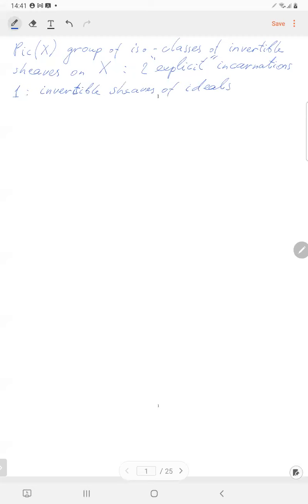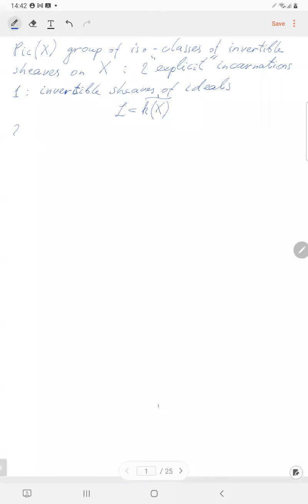So again, we need to consider invertible sheaves, but these invertible sheaves are realized as subsheaves inside this big constant sheaf of rational functions like this.